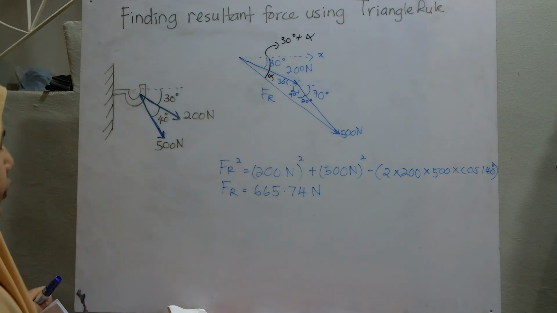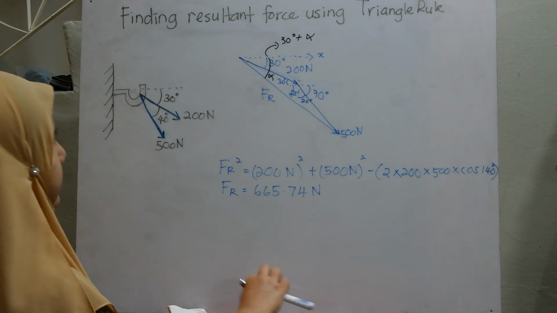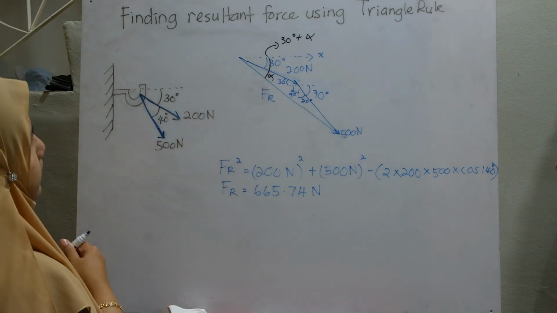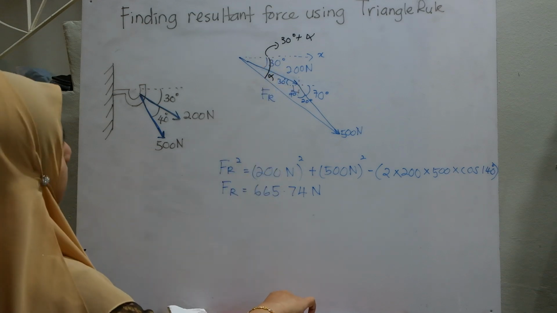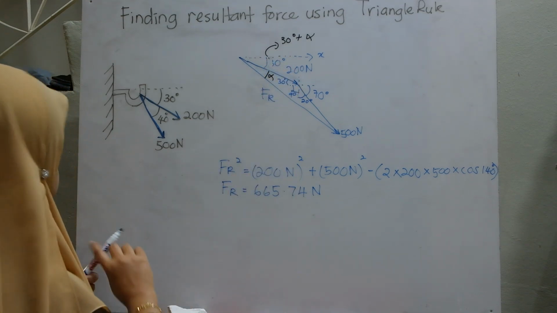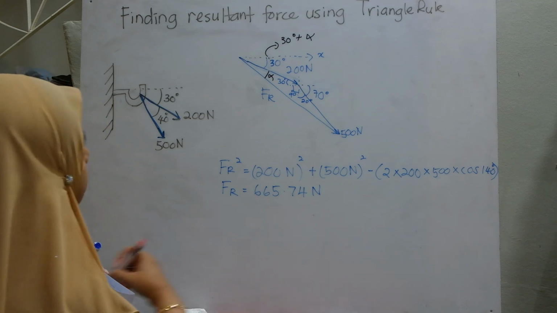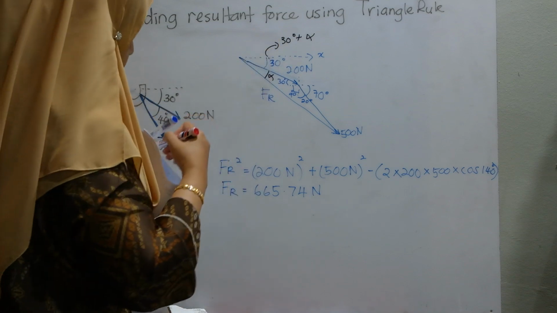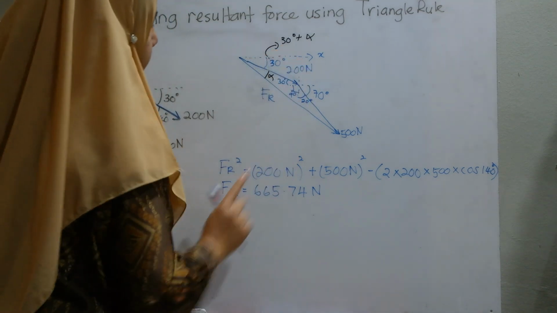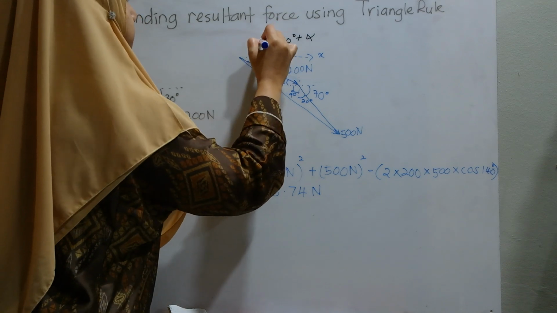To find alpha we use the sine rule. Since this small angle is alpha, the whole thing, the angle of the direction for the resultant, will be beta.